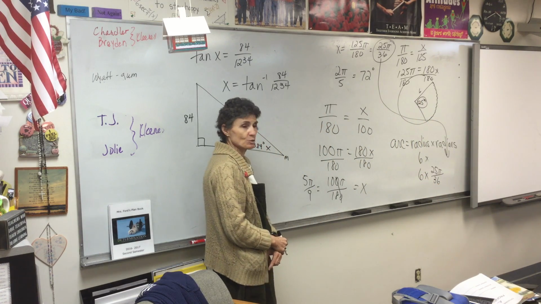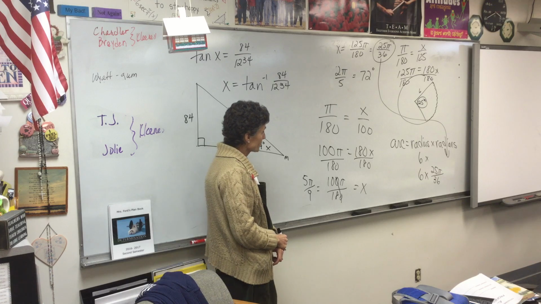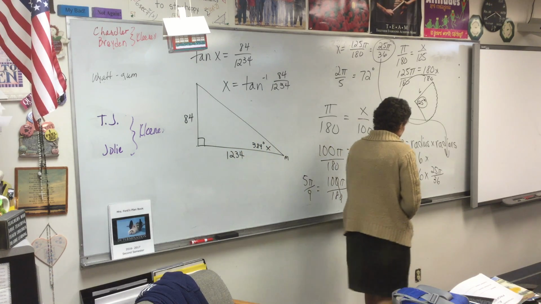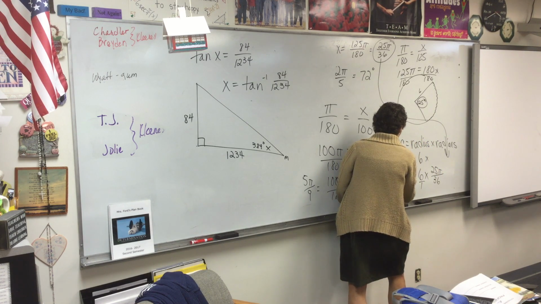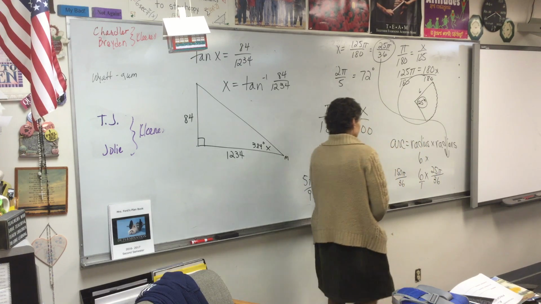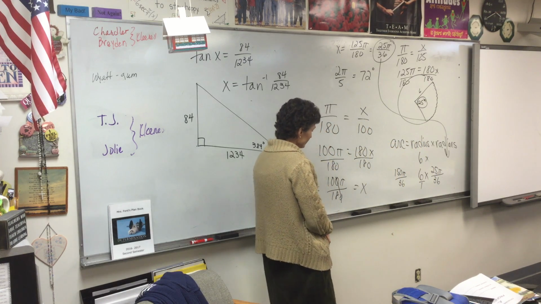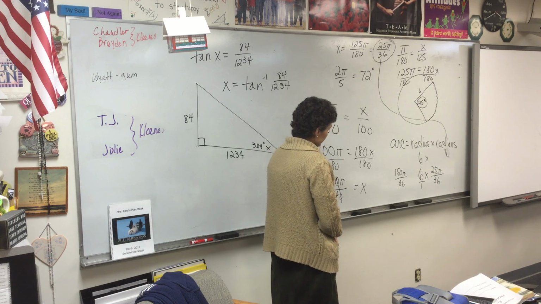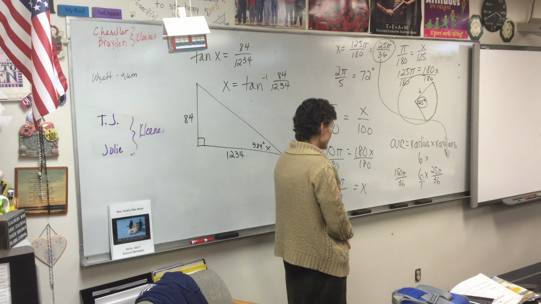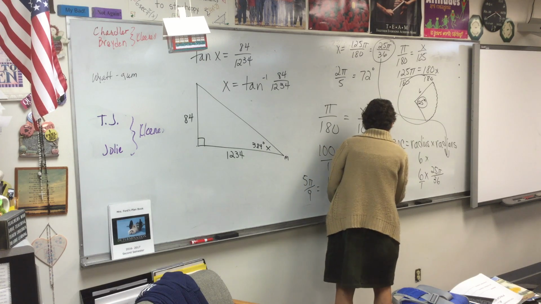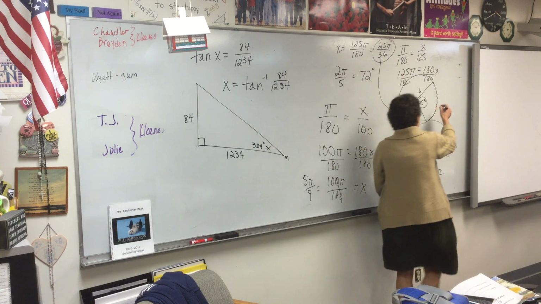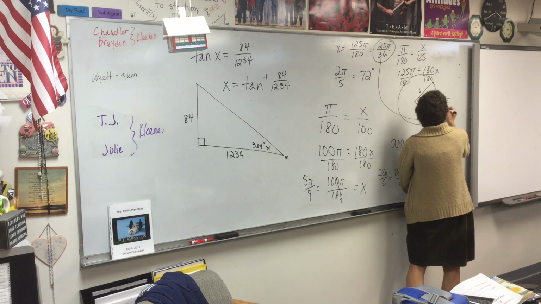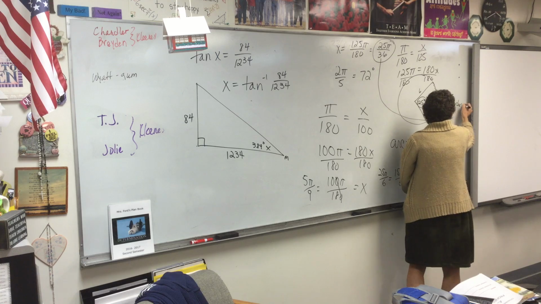This is a hard problem. This is probably the hardest one on the whole test. So let's see. I'm going to multiply across. So I have 150 pi over 36. Does that reduce at all? Actually, it does. It reduces to 25 pi over 6. So the answer is 25 pi over 6 inches.